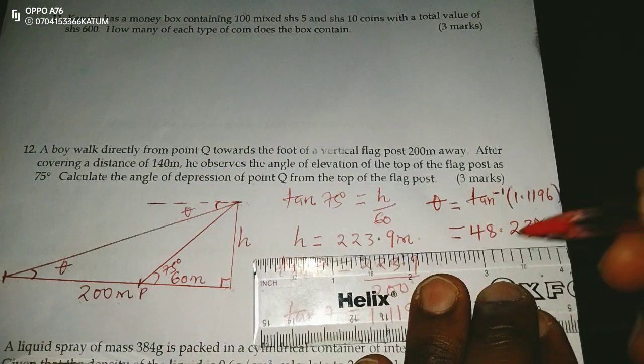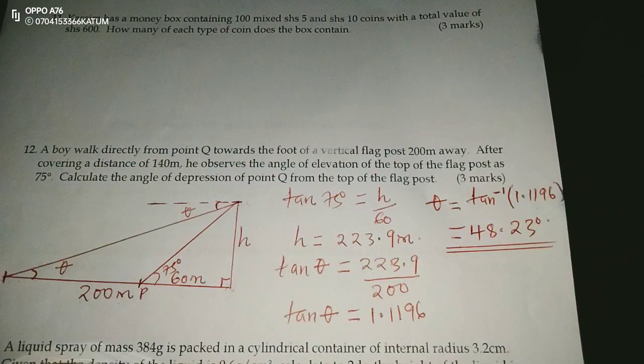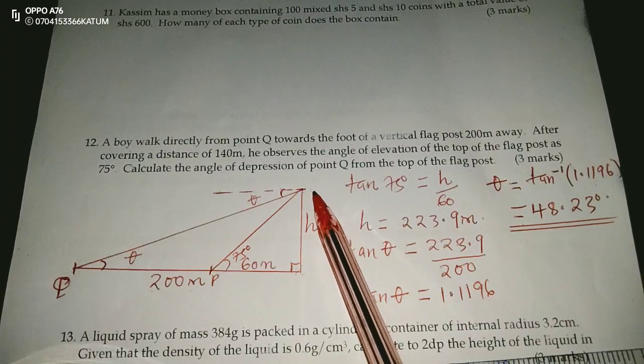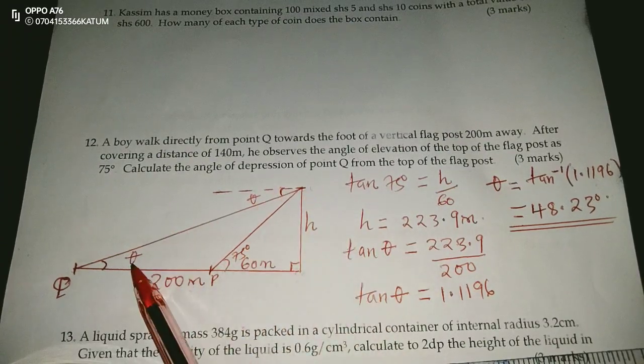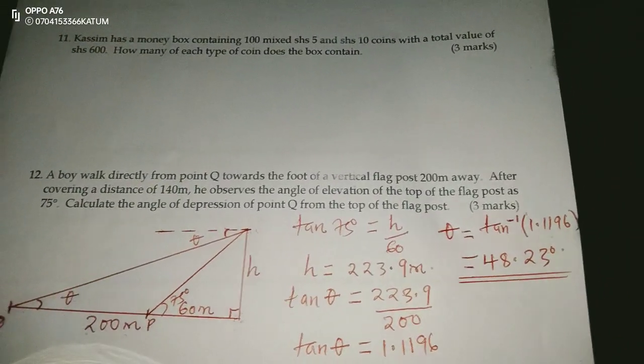Therefore, this value of angle, which is the angle of elevation from Q to the top, is also the angle of depression from top to Q. So we have gotten our value as 48.23.